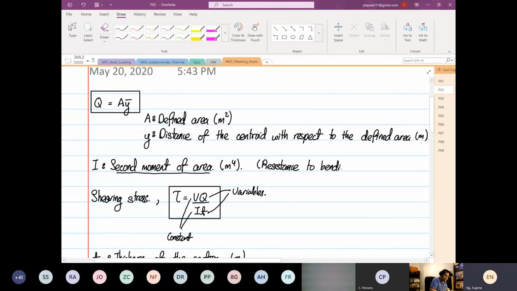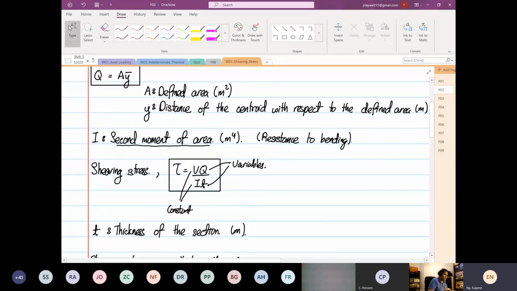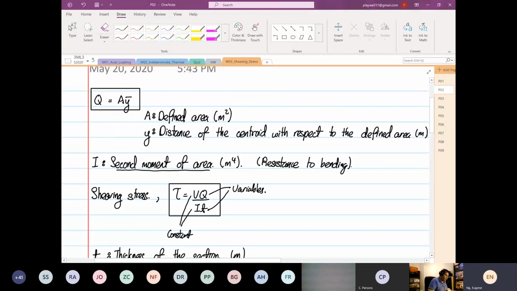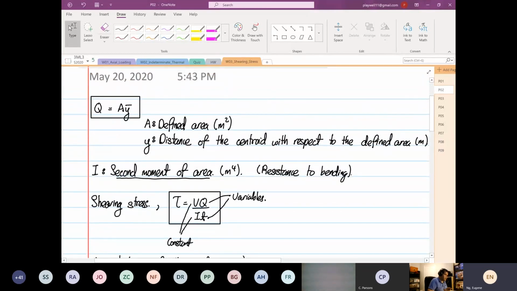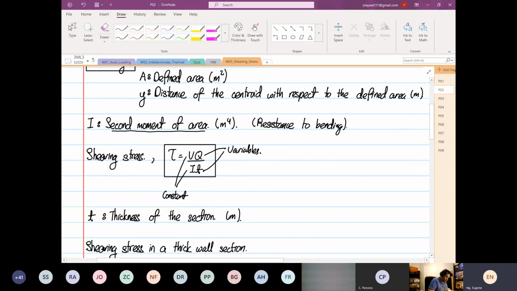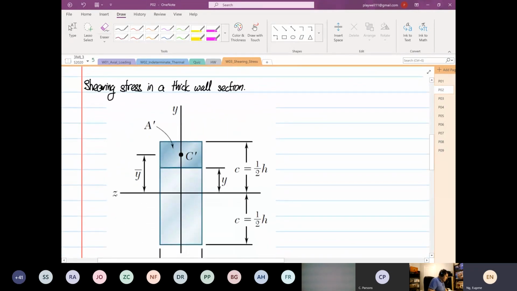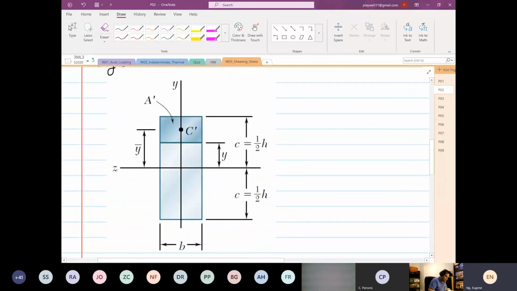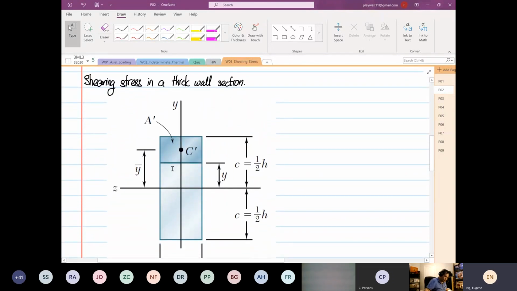Later on, or after your first term test, you will see more second moment of area, but I'm still going to teach you second moment of area over here. It's a resistance of bending in structure analysis, where first moment of area is basically the area multiplied by the perpendicular distance from the centroid. Okay, so now let's look at Q first. We are going to look at the shearing stress in a thick section.